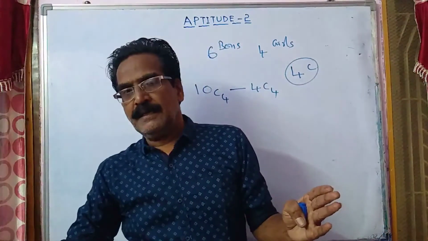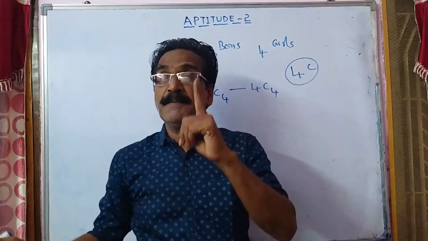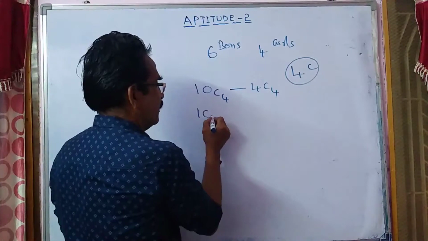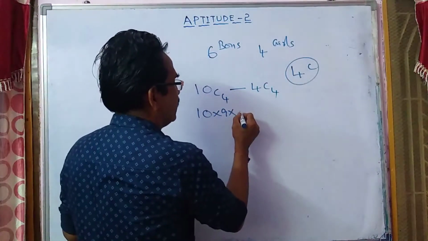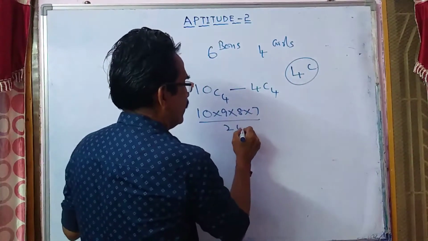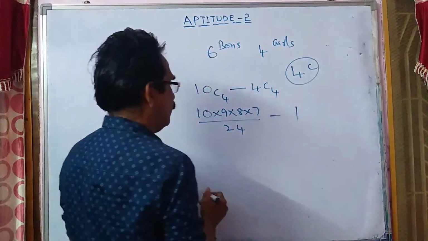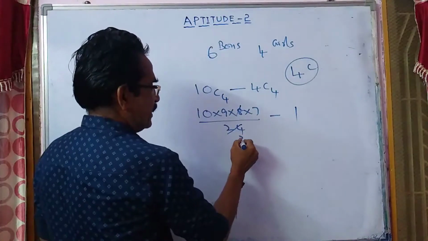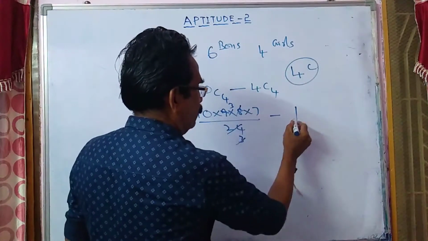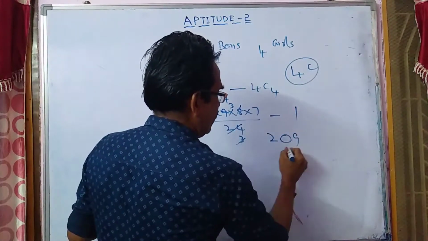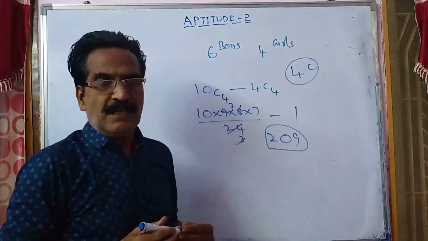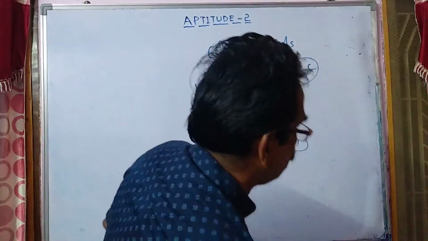So the remaining will have at least one boy. 10C4 is 10 into 9 into 8 into 7 by 4 factorial, 24, minus 4C4, 1. 8 threes are 24, 3 threes, 7 threes are 21, 21 tens, 210 minus 1, 209. 209 is your answer. In this way you can solve this problem.